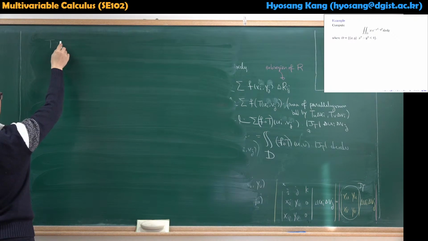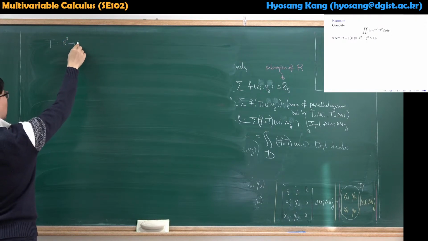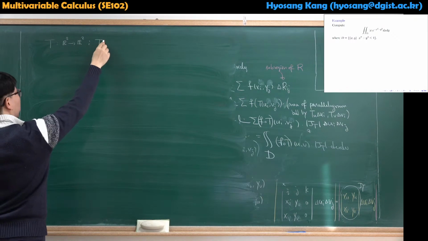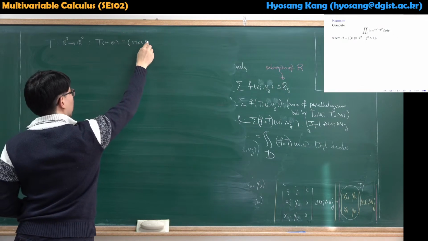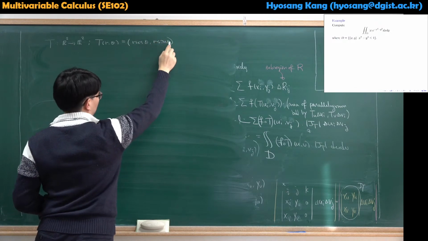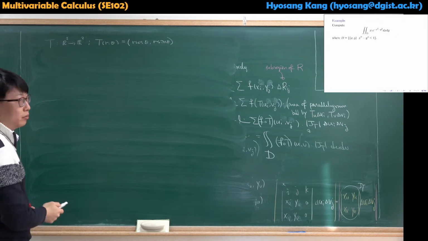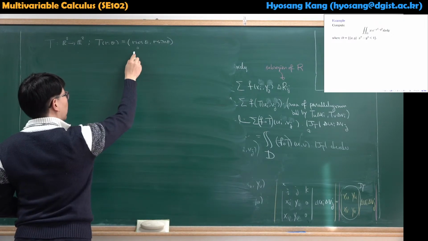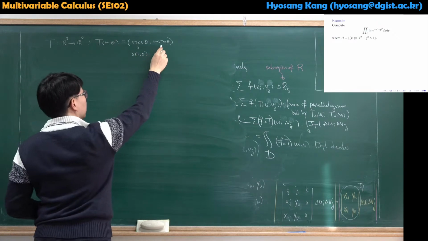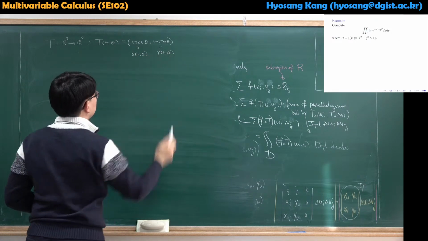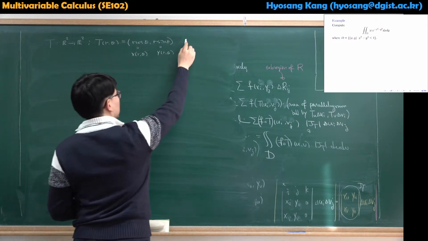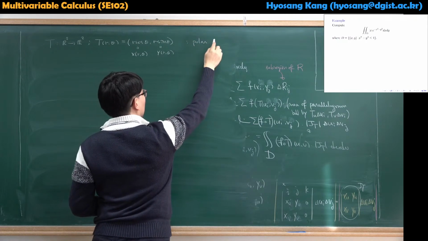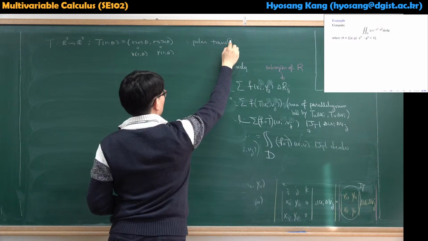Let's say we have T inside of R2, defined by (r, theta) becomes (r cosine theta, r sine theta). I think you already know that. This is the polar coordinates of the xy plane, right? So this is my x coordinate depending on r and theta, and this is my y coordinate depending on r and theta. So this is a very useful transformation. Let's call it the polar transformation.